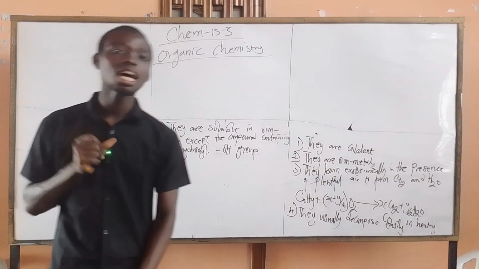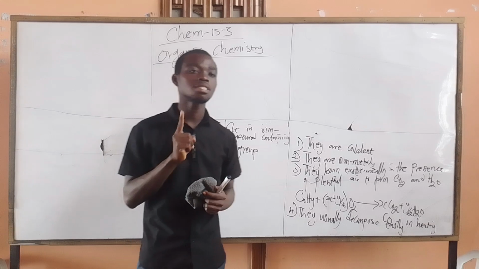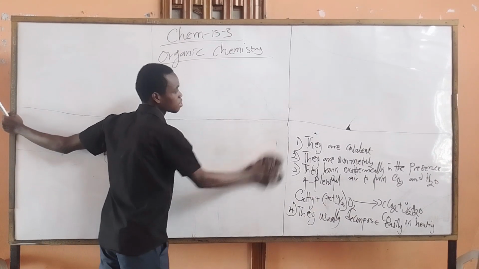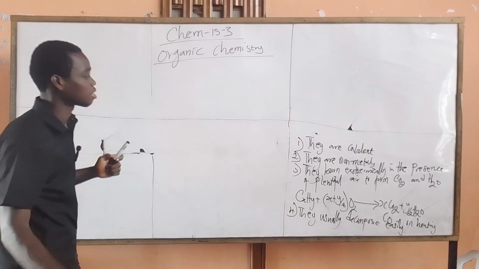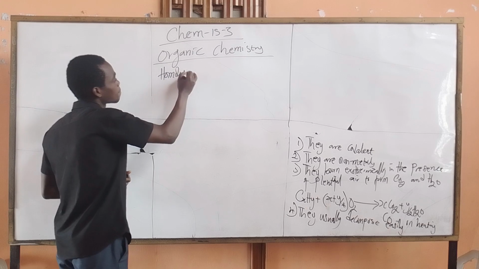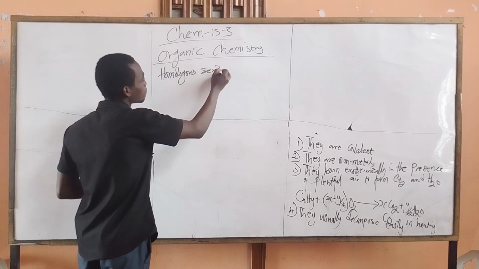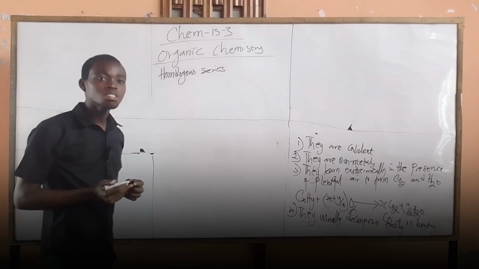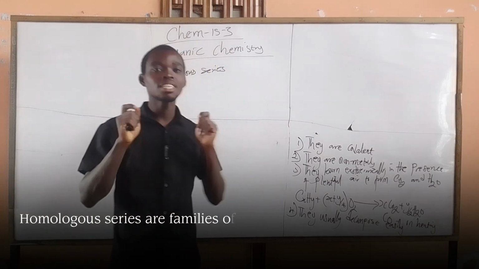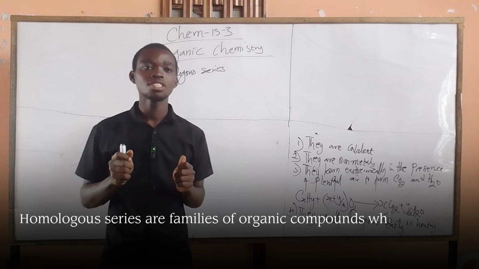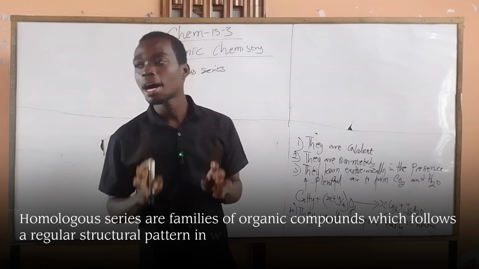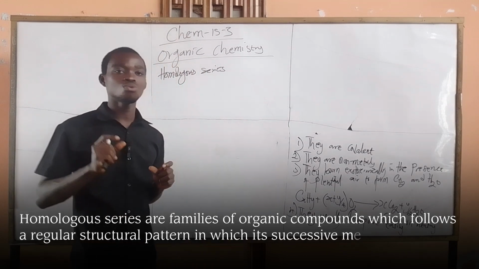Okay. Now, the next thing we'll move on to is the homologous series. Now, homologous series are families of organic compounds which follow a regular structural pattern in which each successive member differs in their molecular formula by a CH2 group.